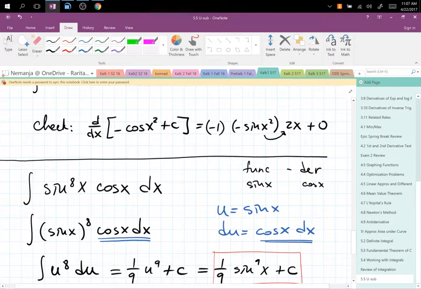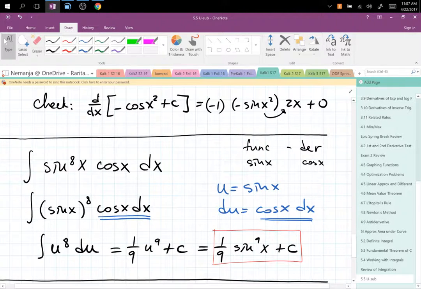Another one that utilizes trig, but this time u was sine x, not just the argument, but the entire function, because its derivative cosine is present. Now, it's worth mentioning that the derivative of sine is cosine, and the derivative of cosine is negative sine. But we cannot use u equals cosine, because you don't have only one sine for du.